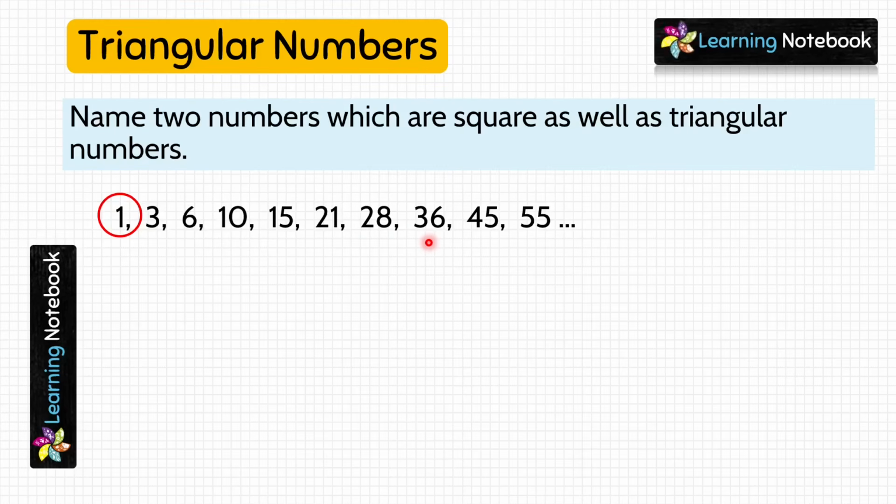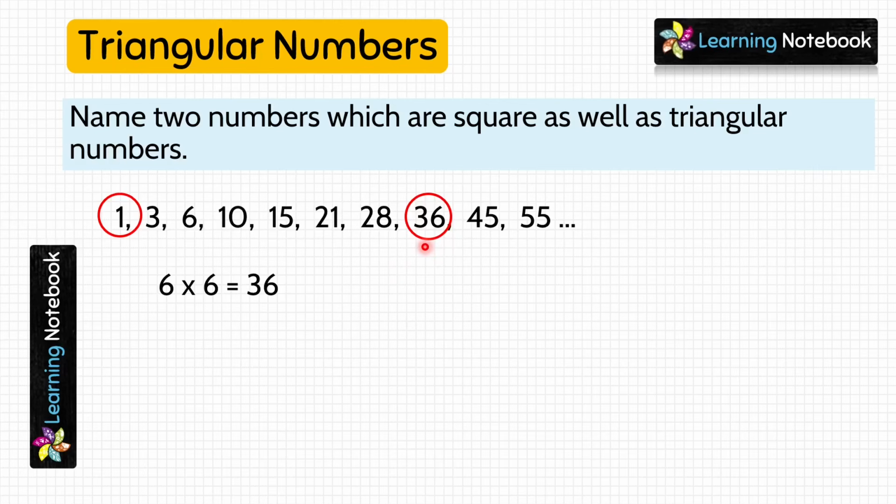Yes, 36 is a square number because we know 6 into 6 equals 36. So 36 is a square number. Now let's also see why 36 is a triangular number.